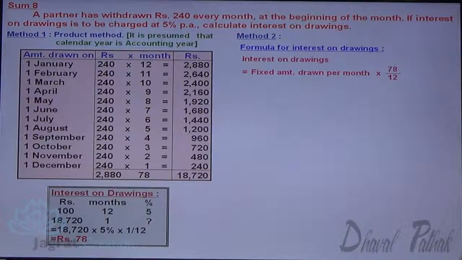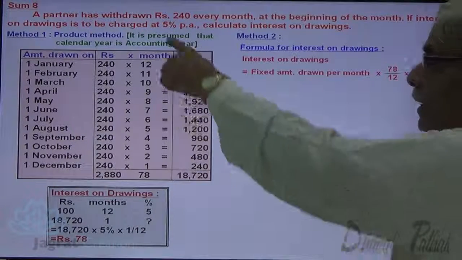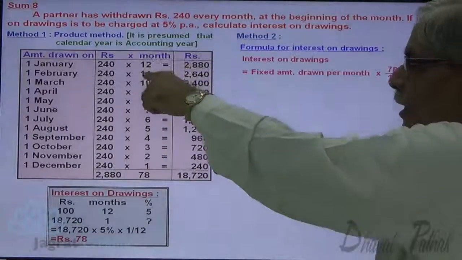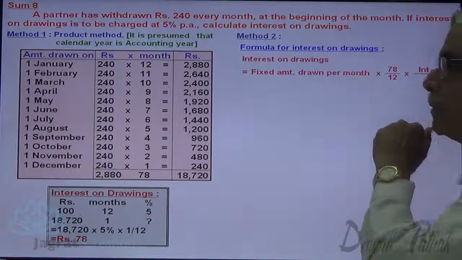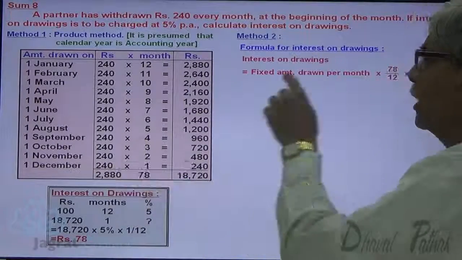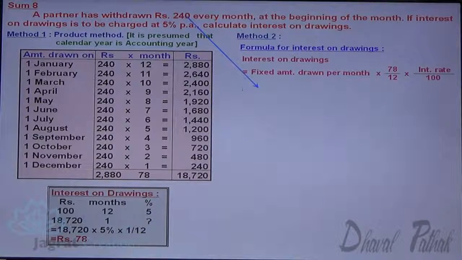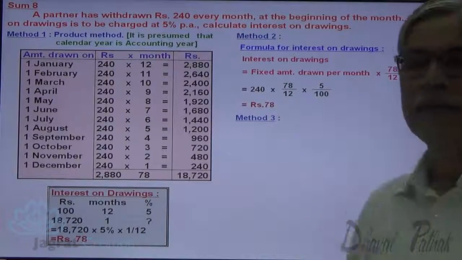On which you are required to calculate interest for 78 months. So here the number of months 78. So interest is calculated for 78 months. For the fixed amount drawn 240. So 240 into 78 divided by 12 into 5%. You will get the same answer, 78.